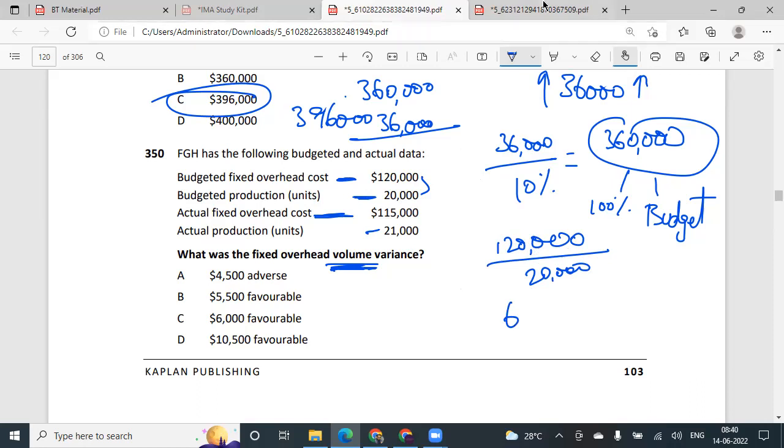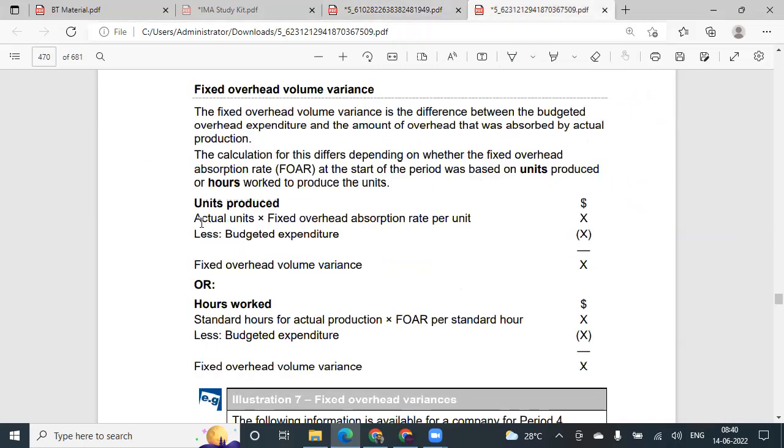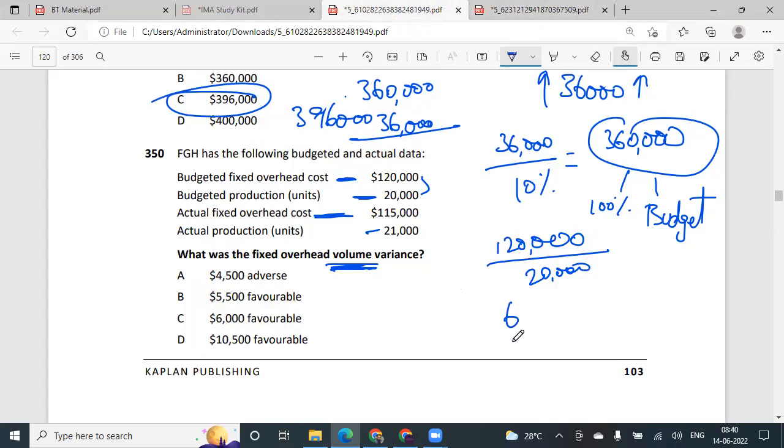I guess you are there with me. We will see the formula again: actual units into fixed overhead absorption rate per unit. Now the fixed overhead absorption rate is 6 and we have 21,000 units here. When this is the case, it is 21,000 into 6. Do you guys have a calculator? 21,000 into 6 is equal to 1,26,000.